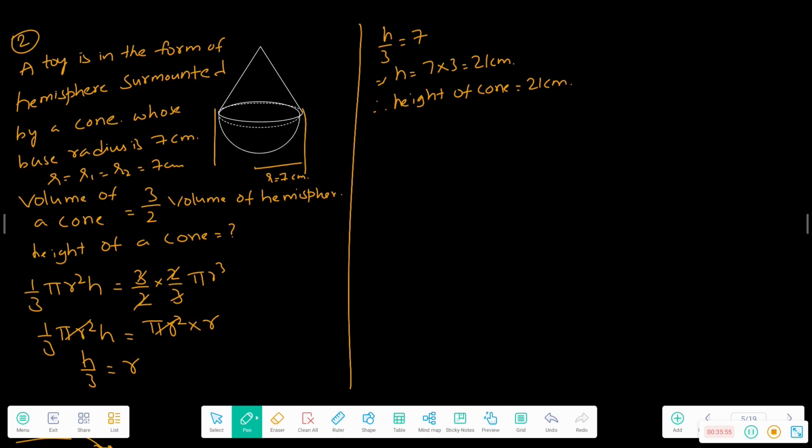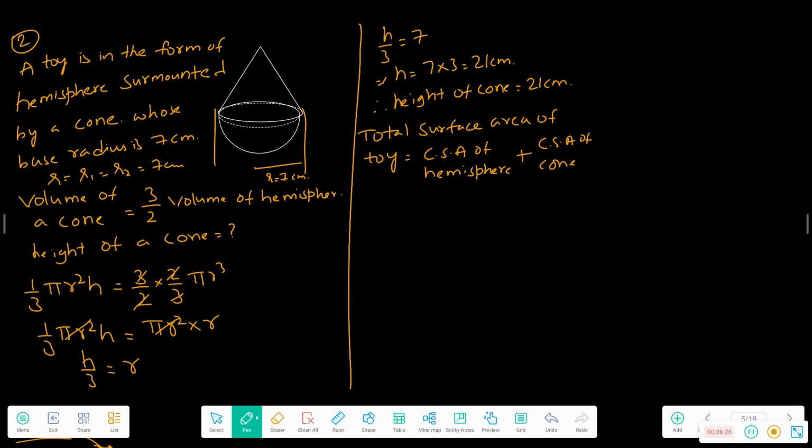Now he asked to find the total surface area of the toy. So the total surface area of the toy is equal to CSA of hemisphere plus CSA of cone.